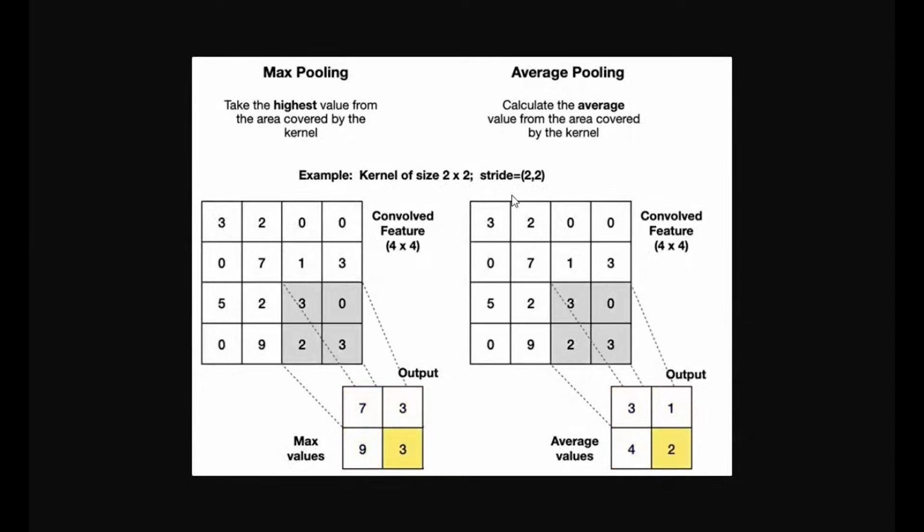We have not discussed what stride is; let's come back to this later. Average pooling calculates the average value from the area covered by the kernel, the average of all of them. How do you calculate the average? Convert the feature to 4 cross 4.